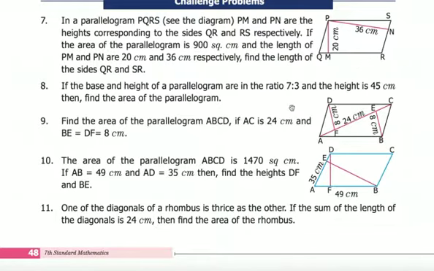What we have at hand is the area of the parallelogram. What is the area of the parallelogram? Product of base and height. That came out to be 900 square cm.